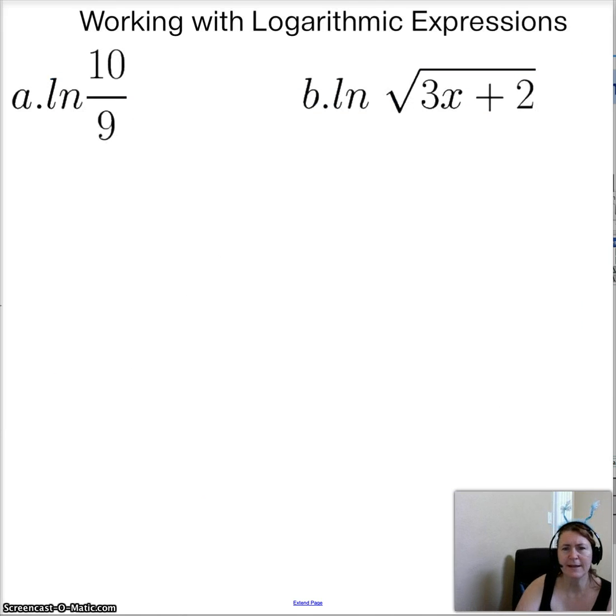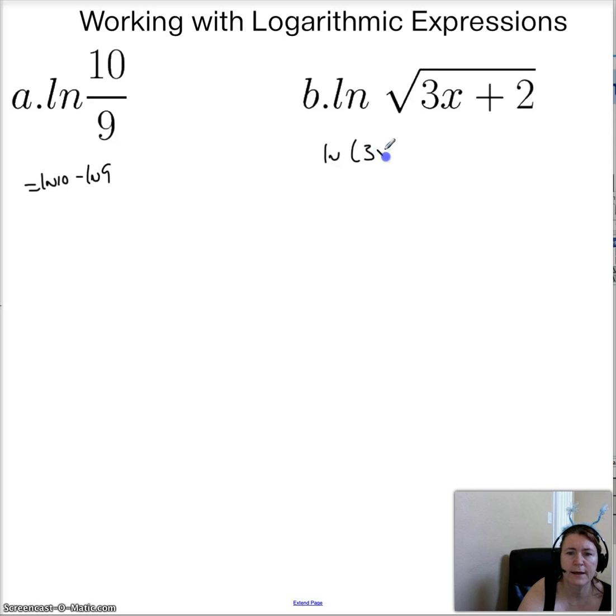Okay, let's work with some logarithmic expressions. Let's see, the natural log of 10 over 9 is the natural log of 10 minus the natural log of 9. That's all I want you to do on these. Now let's look at this one right here. This is the natural log of 3x plus 2 to the 1/2. So I'm going to use the power rule.